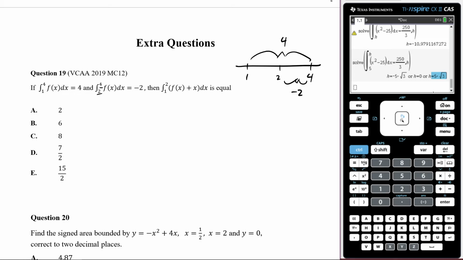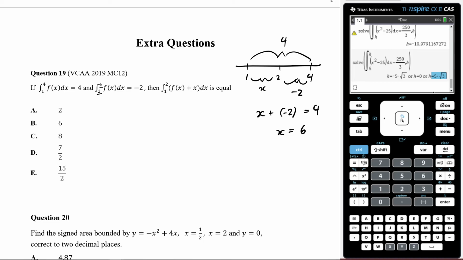Now what I need to do is figure out what this area here is going to be. Let's call that x. All right, 2 to 4. Good, 1 to 2. Well, I can say x plus negative 2 is going to be equal to positive 4, which means that x is going to be equal to 6. Does it not? It does. That's what it means. X is going to be equal to 6.